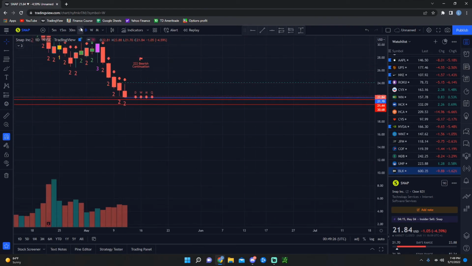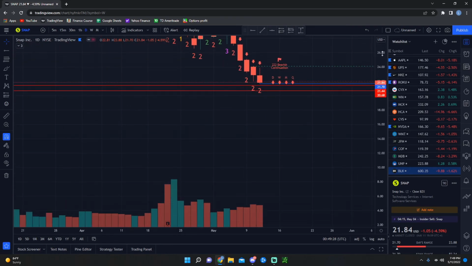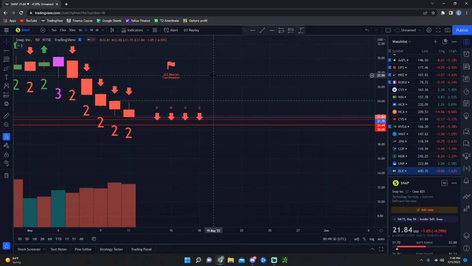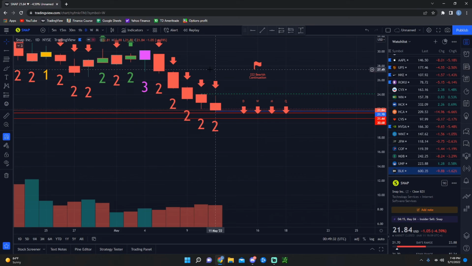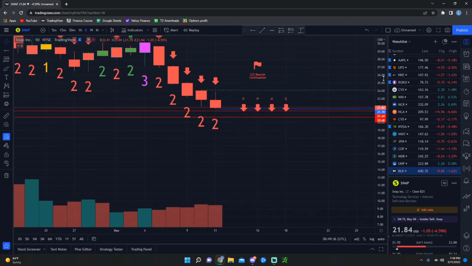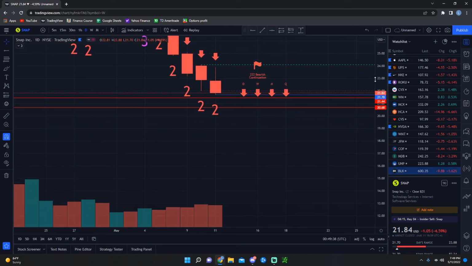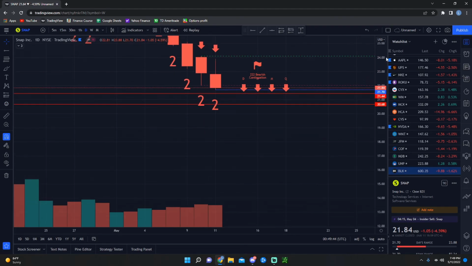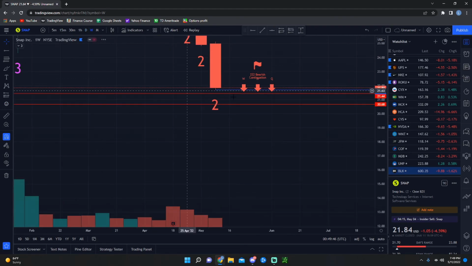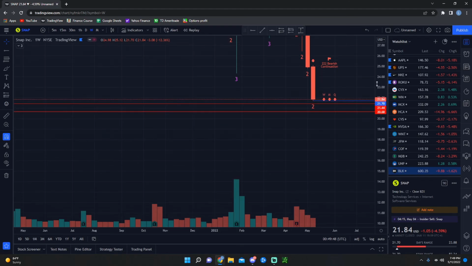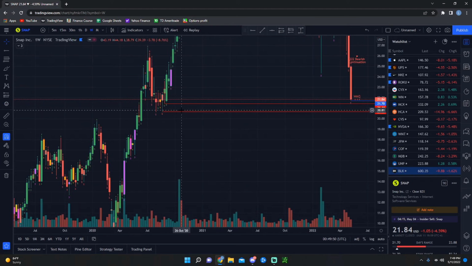Looks like a pretty good setup, I would say, for a continuation play for Snap. If it breaks below 21.7, I think it should easily be able to hit that 21.44 target. So yeah, not a bad play. 21.44 is the next target for a weekly.